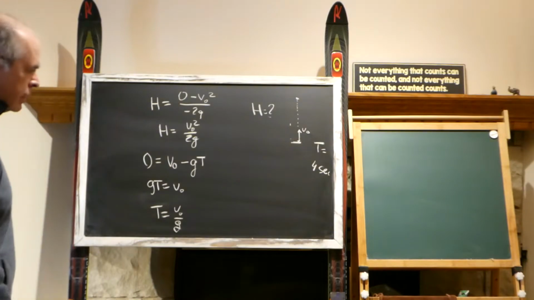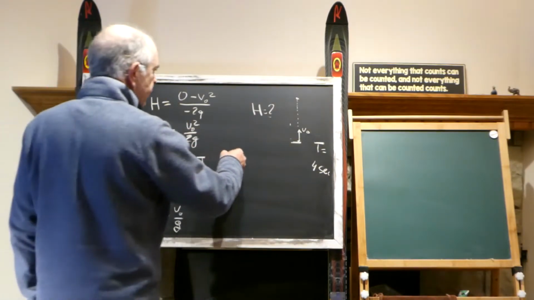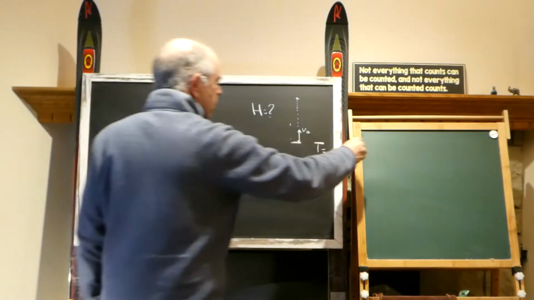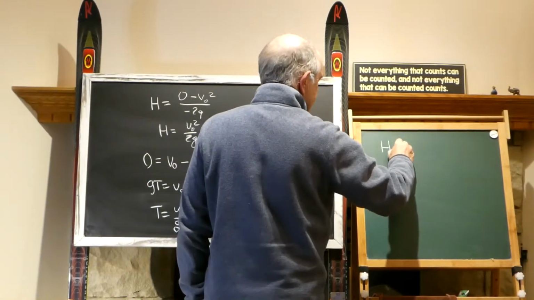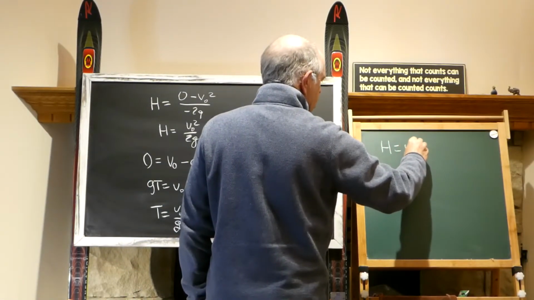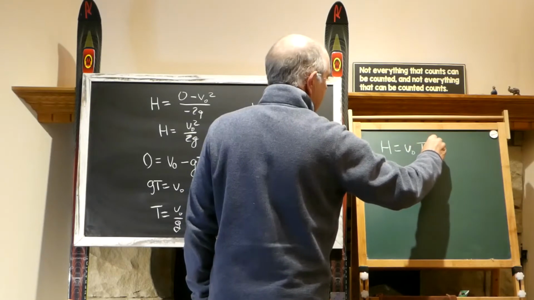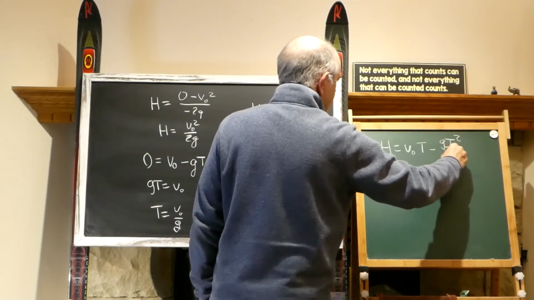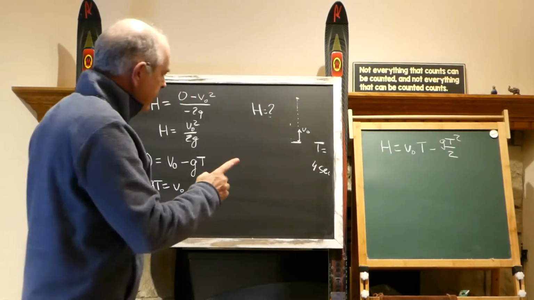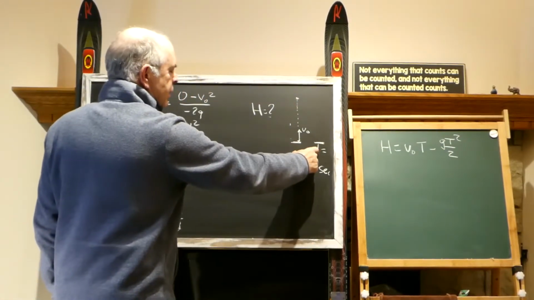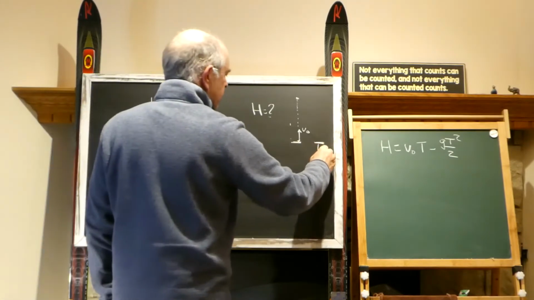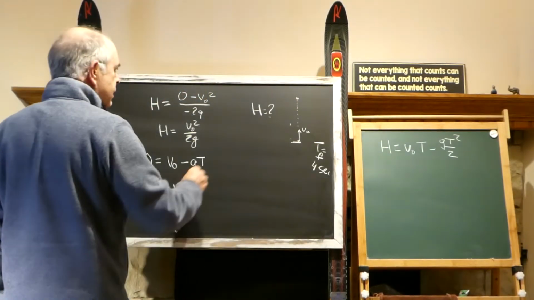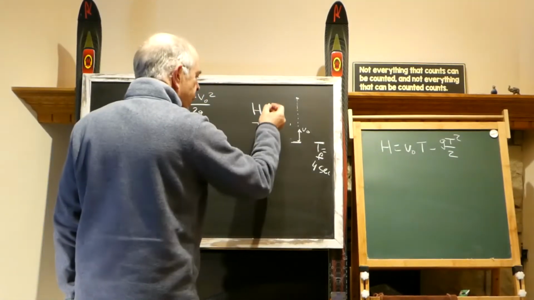This is the first approach, and in another approach we can tie together h. We can say h equals initial speed times t minus gt squared over 2. The only thing is, here t is the full time, let's call it t full, and here t is the time going up.